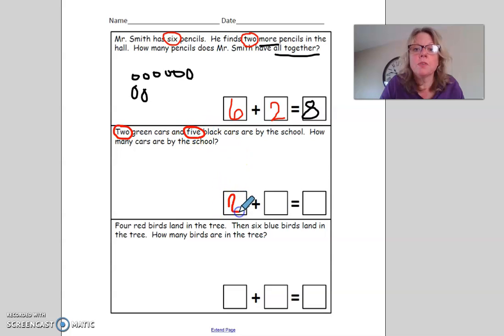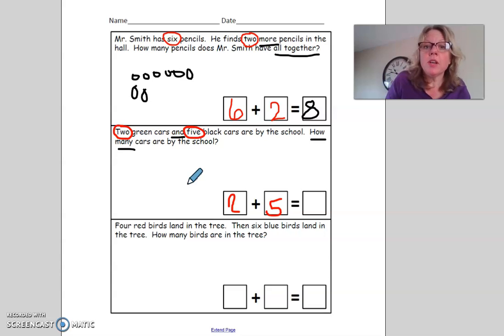So those are the numbers I'm going to use in my addition sentence. The next thing I want to do is underline those words that are going to tell me to add. The word and means to join. So that tells me to add and also how many.